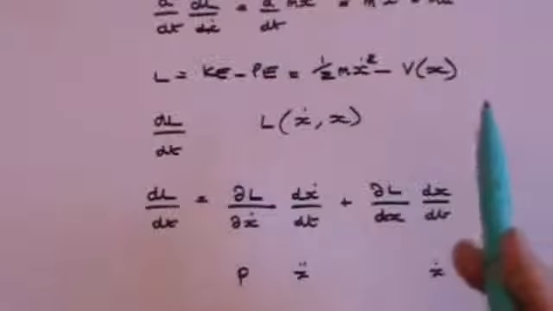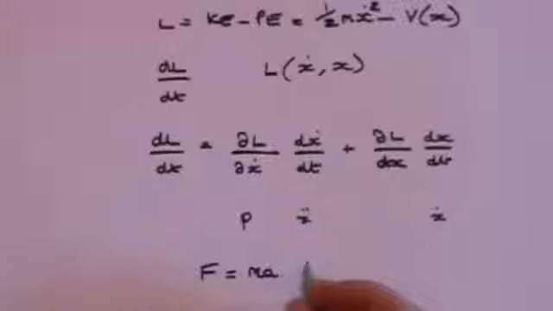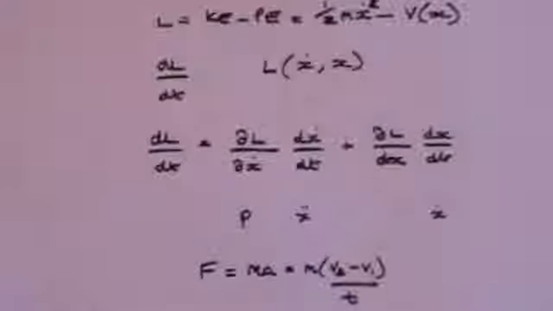And this just gives you minus dV by dx. And again, I set that out earlier on. What is minus the derivative of the potential? It is the force. Now, I could put the force in here, but I'm going to simplify it still further. The force is mass times acceleration. And acceleration is rate of change of velocity, v2 minus v1 over t. And that is equal to mv2 minus mv1 divided by time.